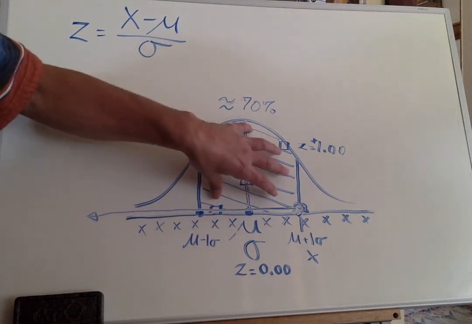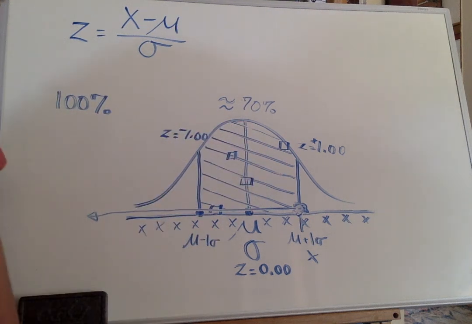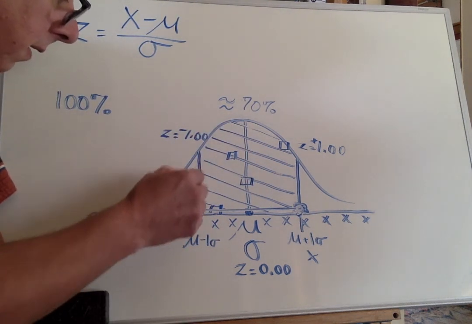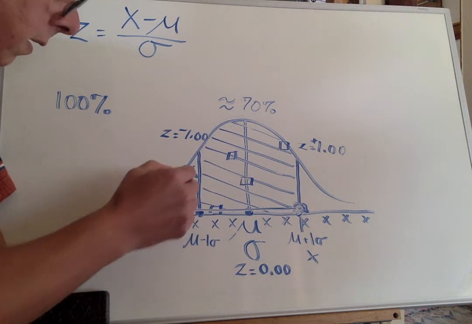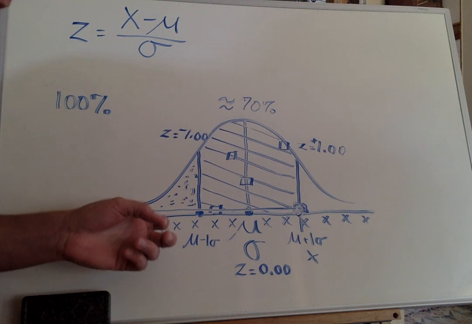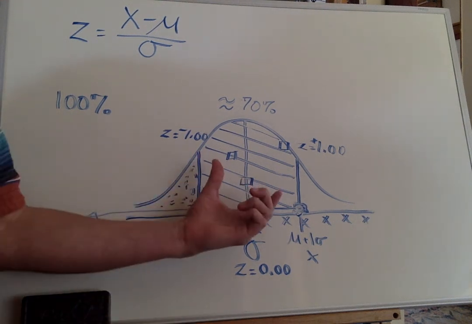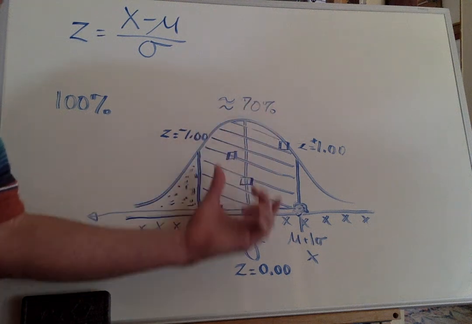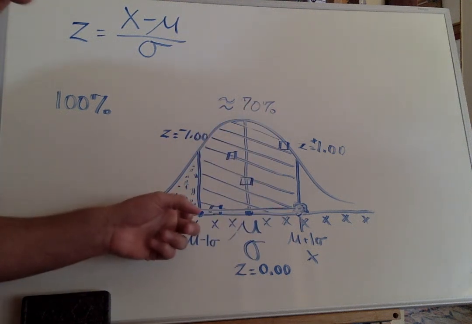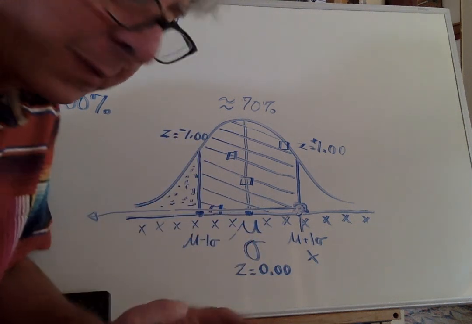Well, we know this is 70, but we also have to add this area in here. And the question is, what is that area? Now we have to unpack a little bit more, because I know that the percentile rank here is 70 plus this. Well, what is this? Because I'm not going to tell you. This is figure-outable.